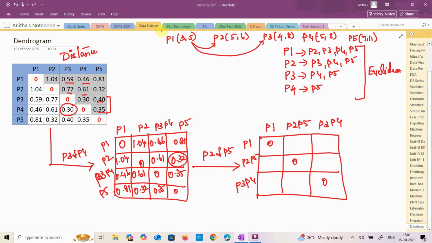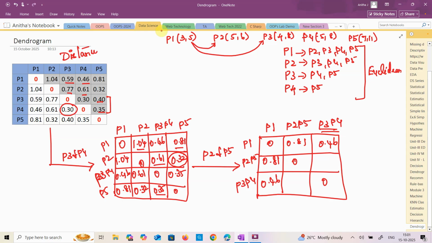Fill the diagonals, go with P1, check with P2 and P5. Out of that the minimum is 0.81, here the same values, 0.46, 0.81, 0.46. So go with P2 and P5 and P3 and P4.